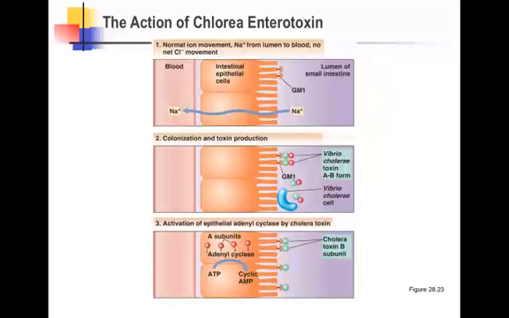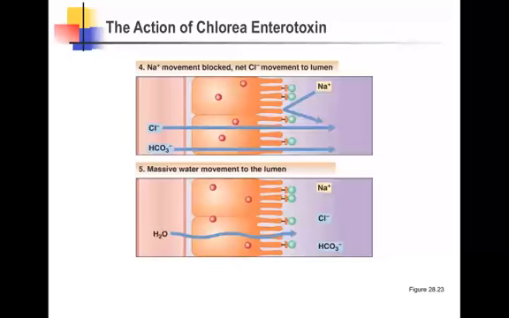Specifically, that toxin stimulates the production or the activity of adenyl cyclase, which is an enzyme that converts ATP to cyclic AMP. As that cyclic AMP accumulates in the epithelial cells, that is a signal that blocks the regulated transport of sodium into the circulatory system.